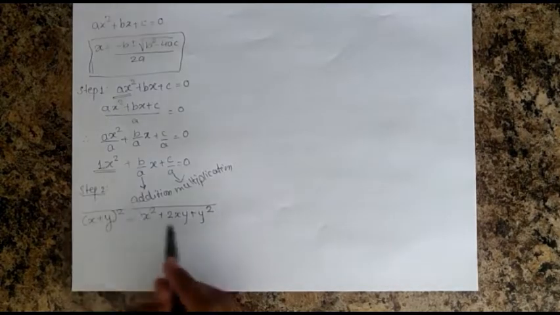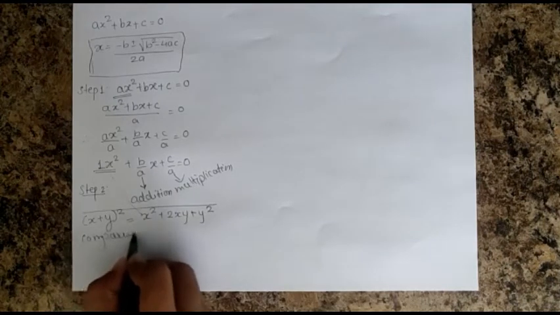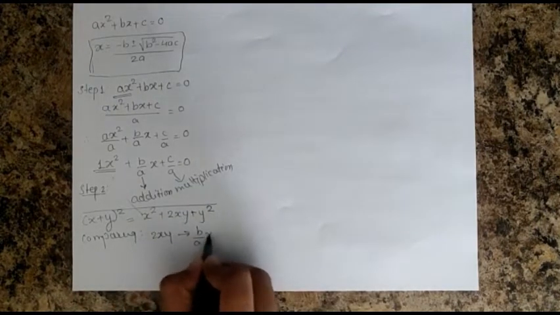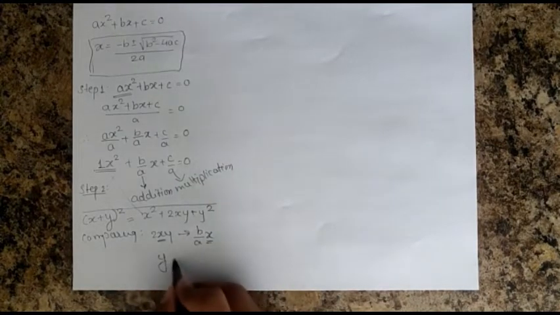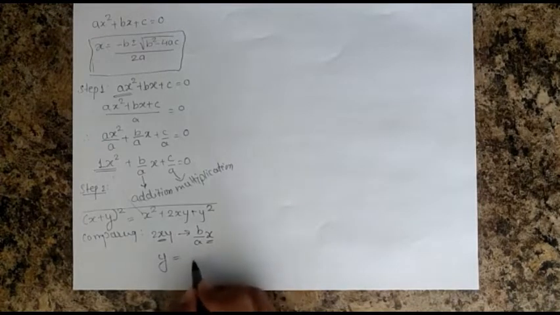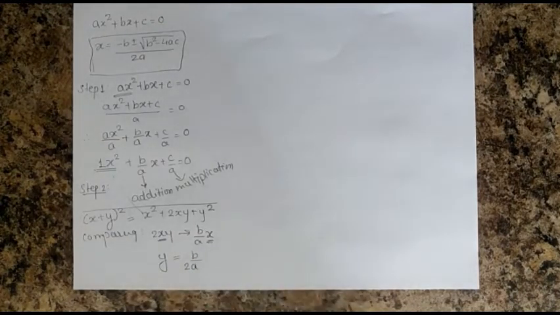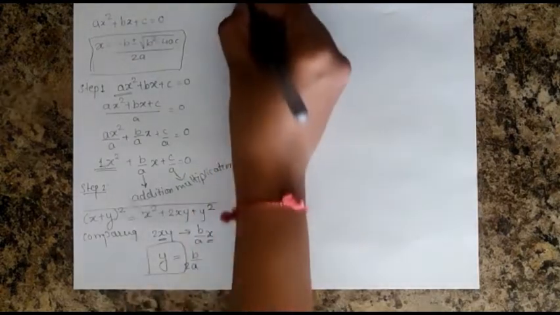So if I look, x square is same, 2xy and b upon a x. So when we compare 2xy with b upon a x, we can see like this x gets cancelled and y becomes b upon 2a. And what the formula says is last term should be y square.